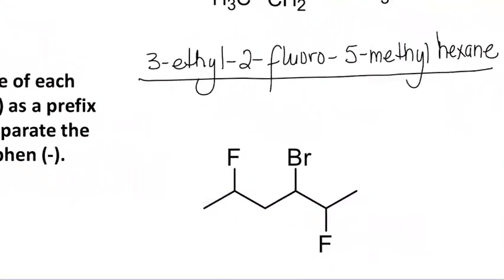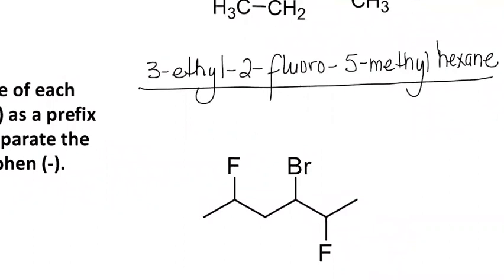How many carbons in the longest carbon chain? I think you guys are pros at that already. How many carbons in the longest carbon chain? Great. 1, 2, 3, 4, 5, and 6.